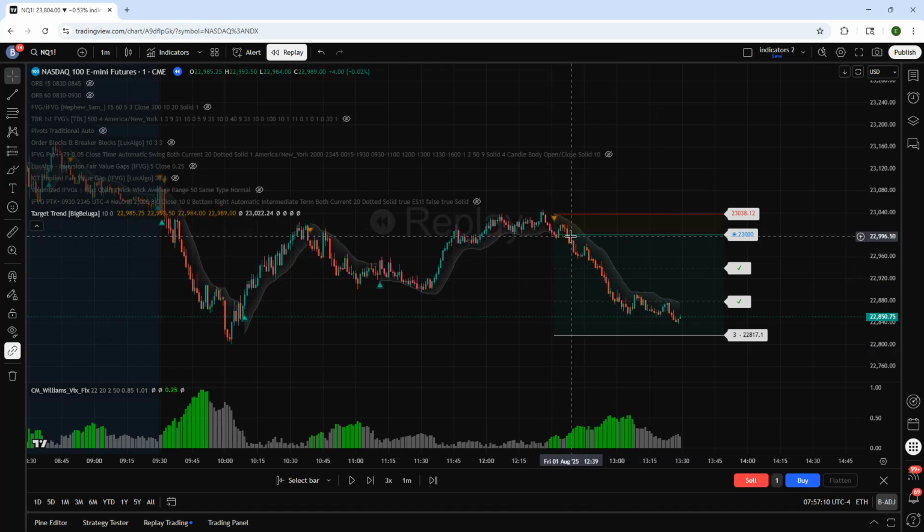So something like this, I get in, I get a little drawdown right here. And then as soon as we go this way, I'm moving my stop here. So from here to here. And then once we go 10 points in, now I'm moving my break even to right here. And the rest of the trade is free.